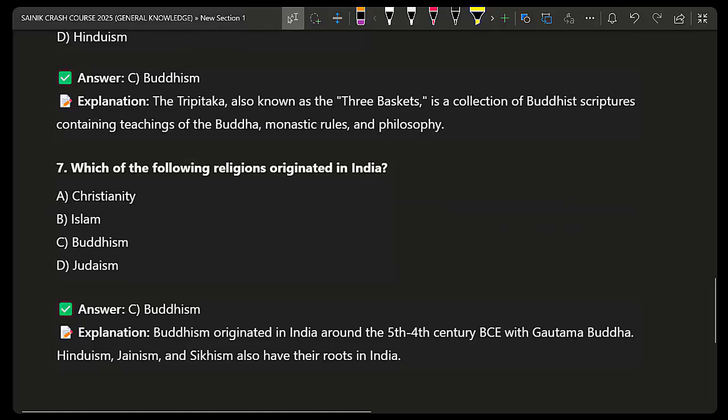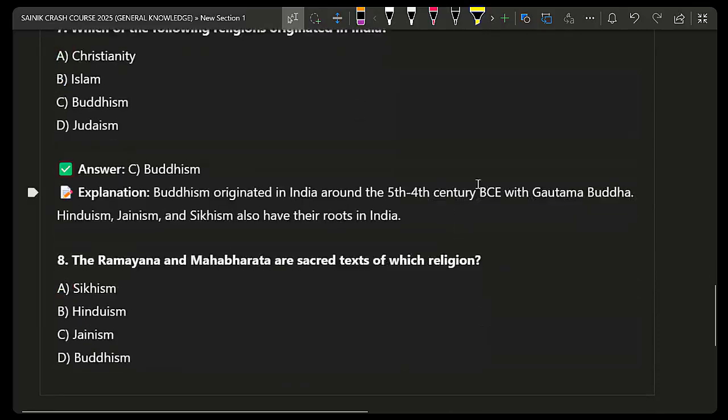Simple question. The Ramayana and Mahabharata are sacred texts of which religion? Sikhism, Hinduism, Jainism, Buddhism.